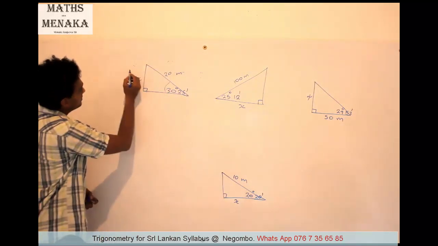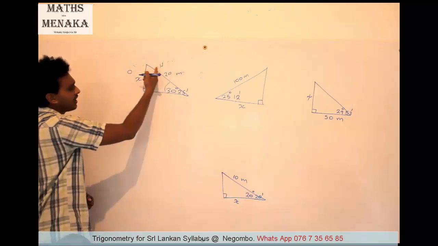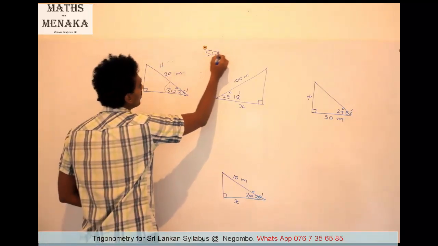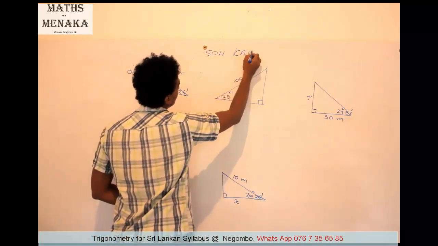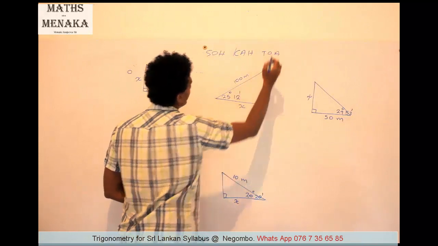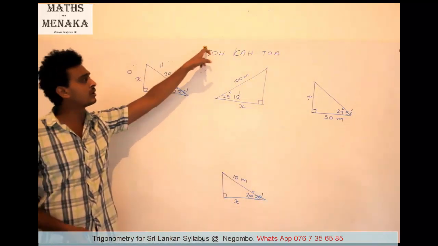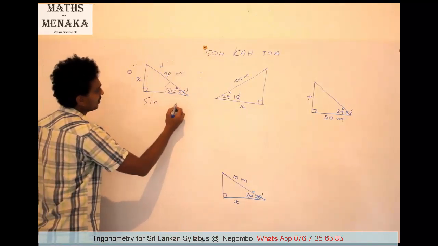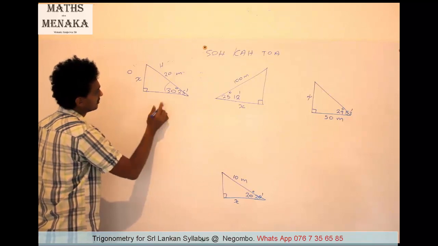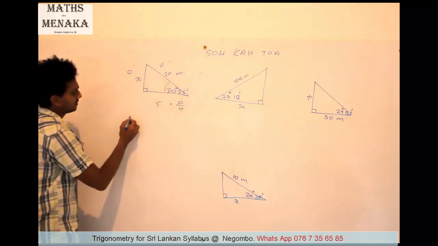This is opposite, this is hypotenuse. So you can go to sine, since sine is opposite over hypotenuse. Now get the sine of this one.